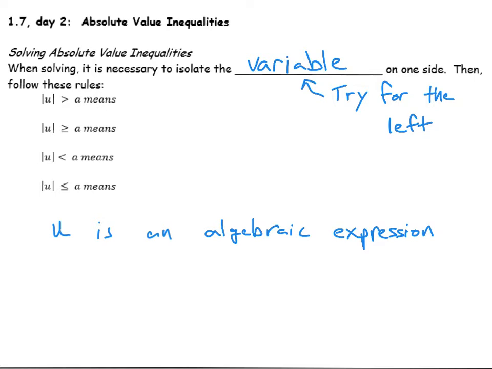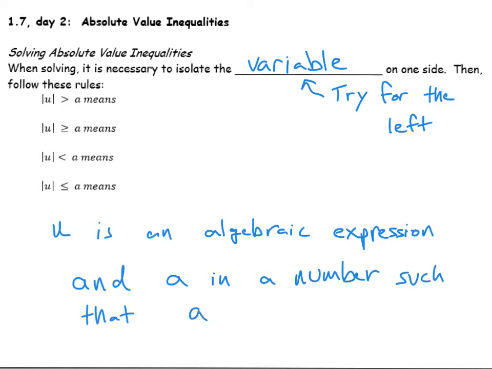U is an algebraic expression, and a is going to be a number, such that it has to be positive, okay? If you were given a value for a that's negative, you would know right away, no solutions.